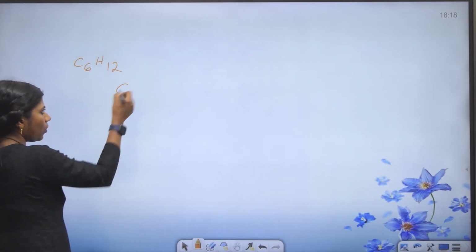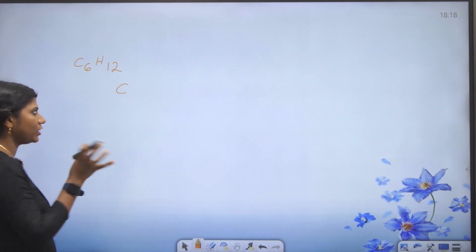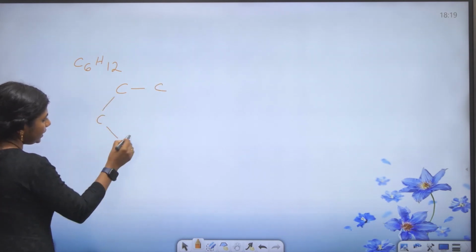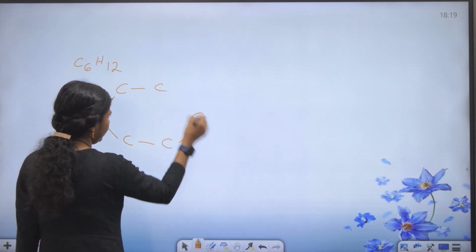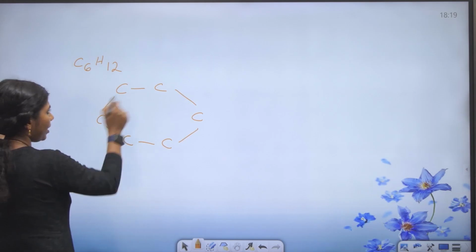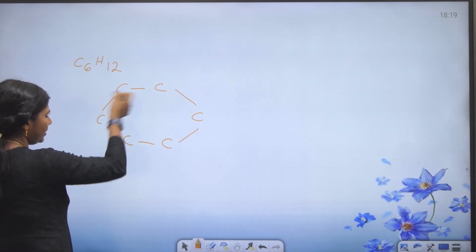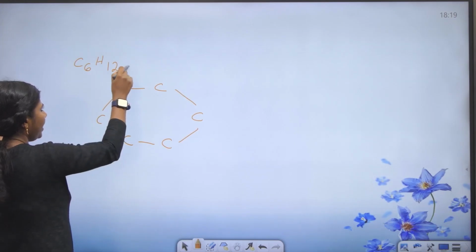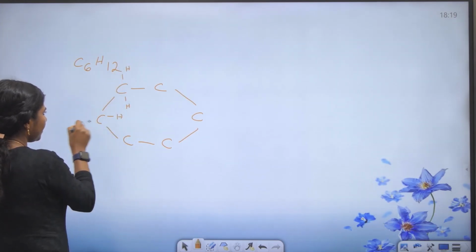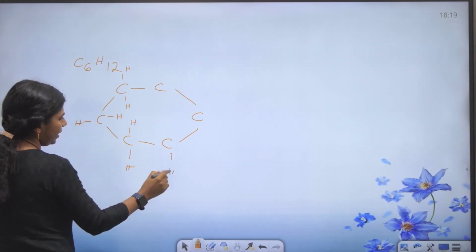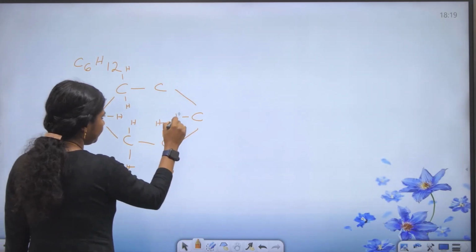Cyclo means carbon atoms are arranged in a cyclic manner. 6 carbon atoms arranged in a cyclic manner. Here, each carbon atom satisfies 2 valencies, and the remaining 2 valencies are satisfied by hydrogen atoms. Okay.